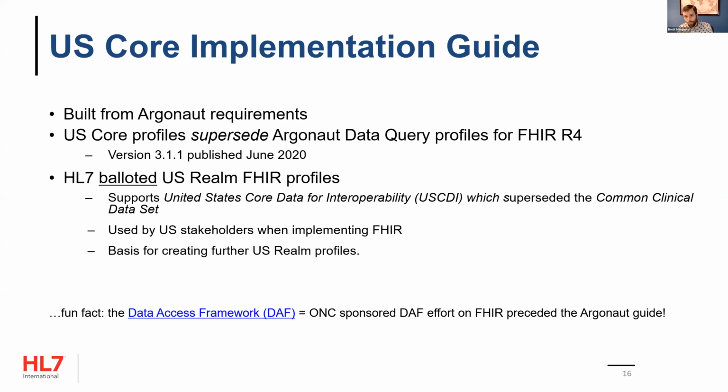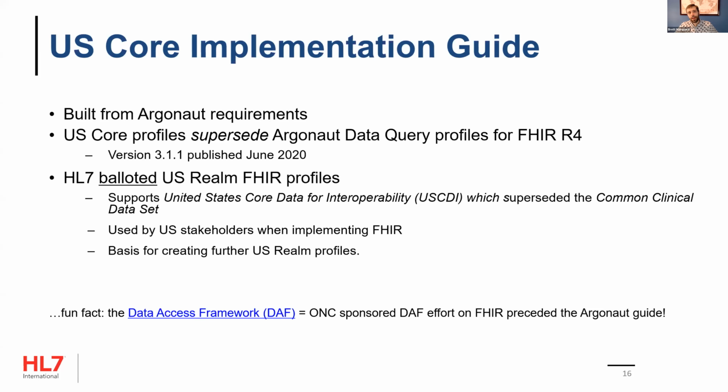Originally, I won't go into the full history of it, but it came out of this HL7 accelerator, which was before it was an accelerator called the Argonaut project, which is a mix of EHR tech vendors, providers, and consumer app developers that came together to say, hey, how do we enable open API access to clinical servers and EHRs? And so the US Core implementation guide incorporates the learnings from the Argonaut DSTU2 guide.